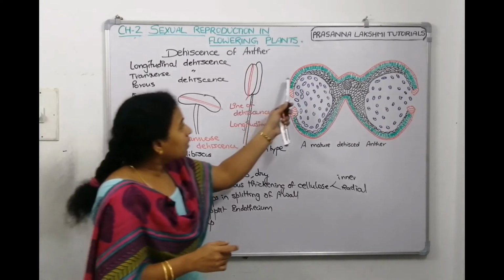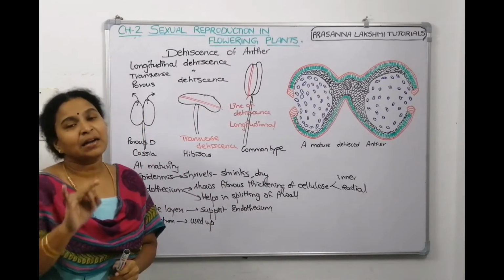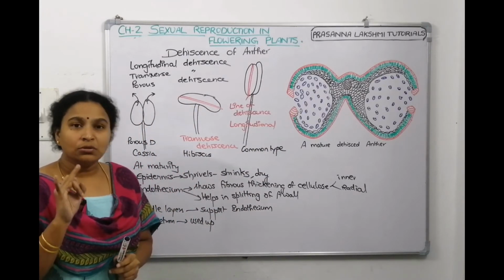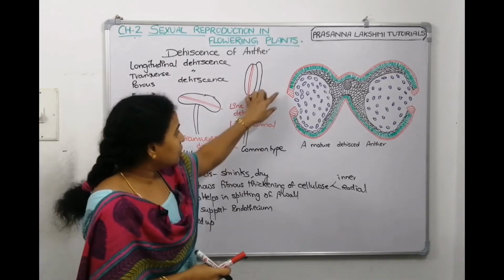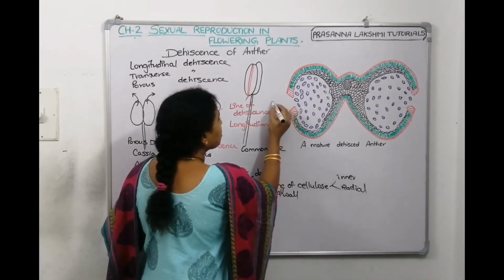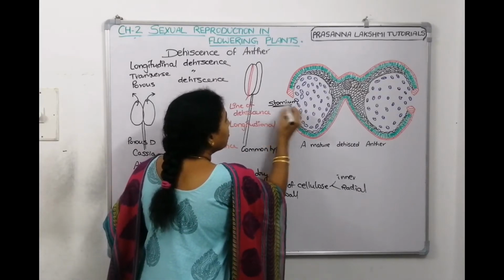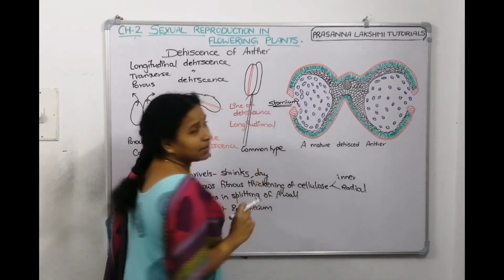Now, at one place the epidermis and endothecium don't show thickenings, and that region is called the stomium. Stomium is a part of epidermis.